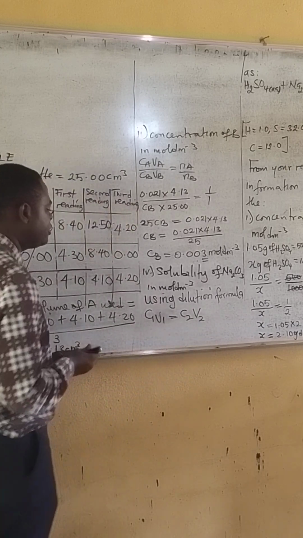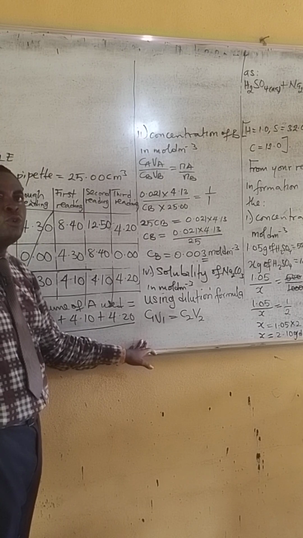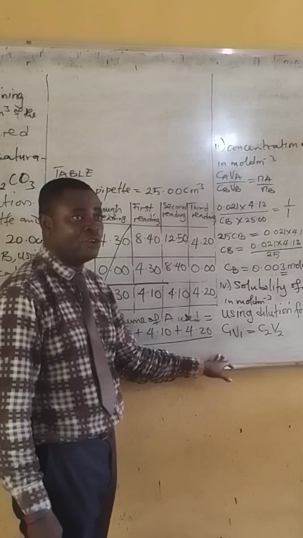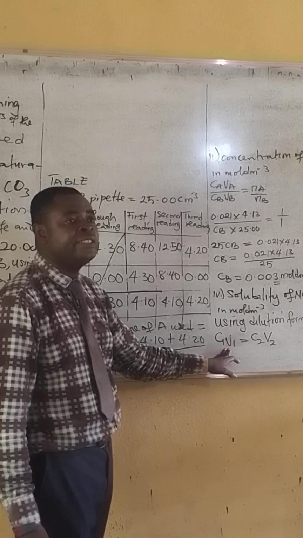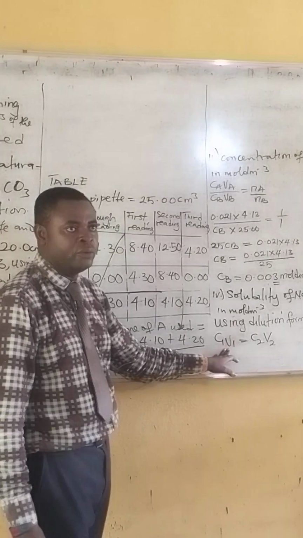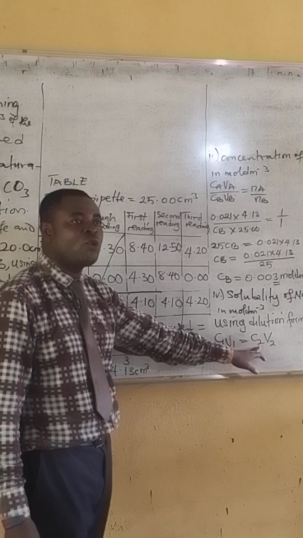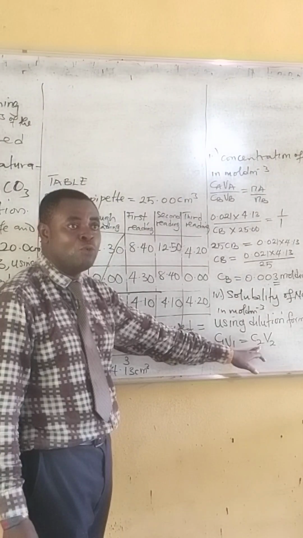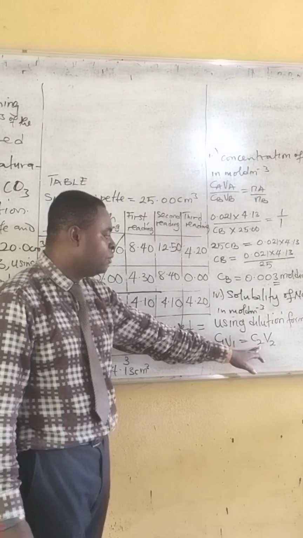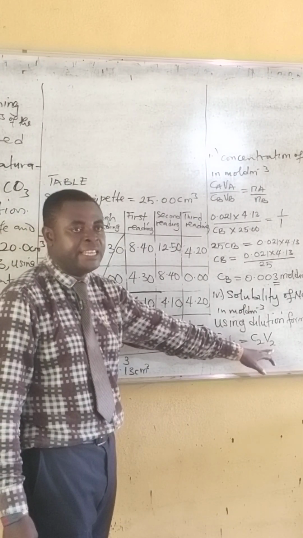C1 means the initial concentration when the solution has not been diluted. The concentration. V1 means the volume occupied, the space occupied by the solution before dilution. C2 means the new concentration after you have added water to the initial volume. While V2 is what? The new volume after water has been what? Added.